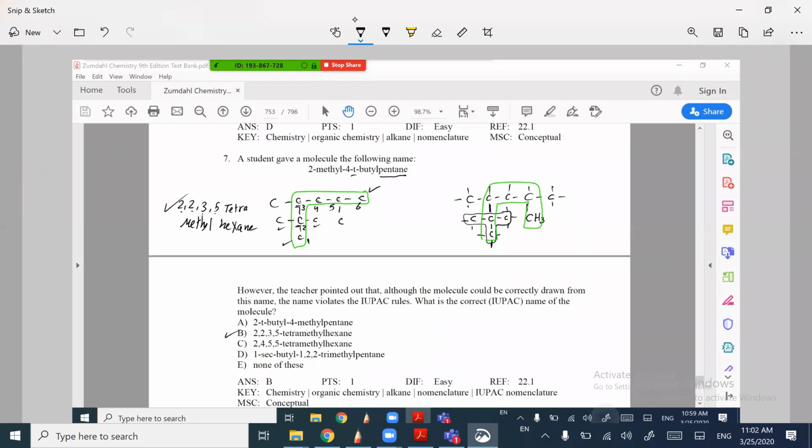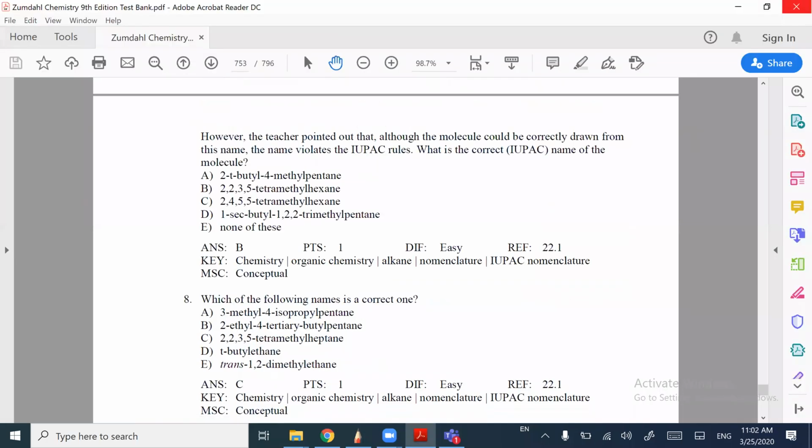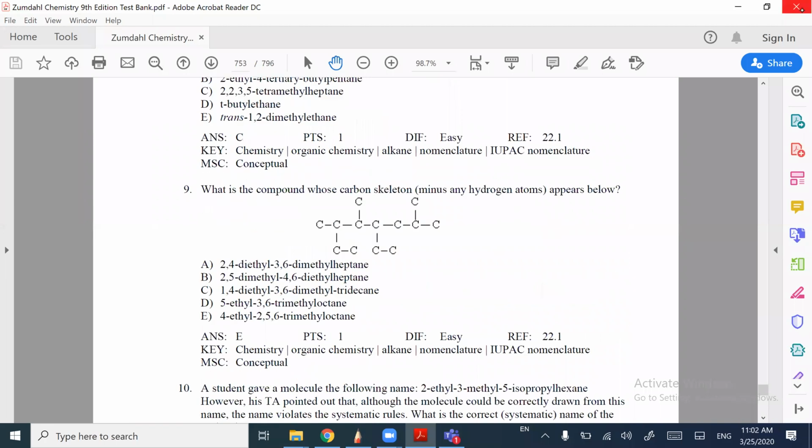Let's talk about another example. What is the compound whose carbon skeleton appears here without any hydrogen atoms shown? Let's start giving the name of this compound. Longest carbon chain.